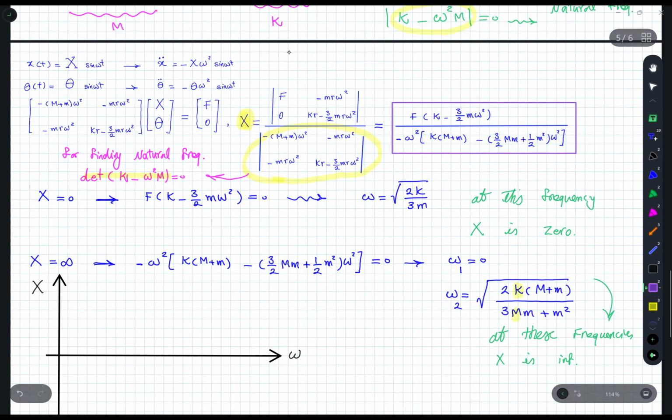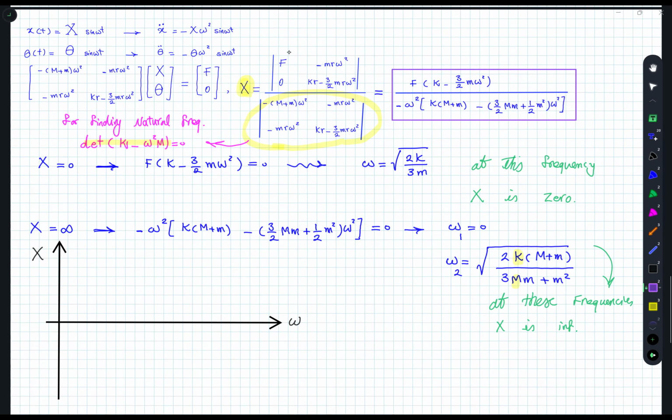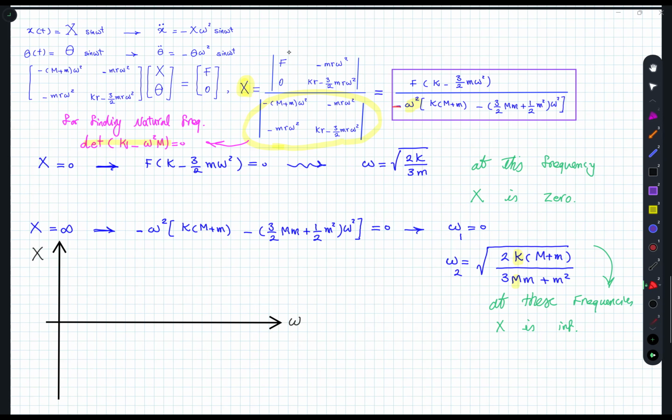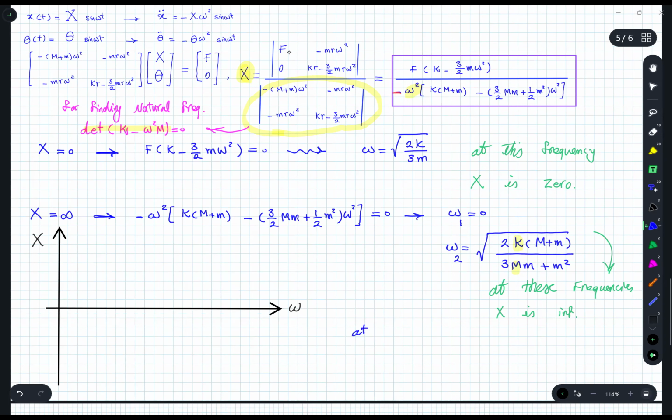All right, and we want to plot it. So we have some key values here to consider. We know that at omega equal to 0, it becomes infinity. But because I have that negative sign there, I'm going to write it down here for myself so I can write it better.